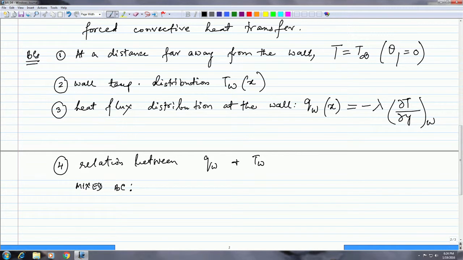So the temperature field at the wall and in the body have to be calculated simultaneously. Okay, so that's what we mean by the mixed boundary condition. So that's how we sort of go about doing that.